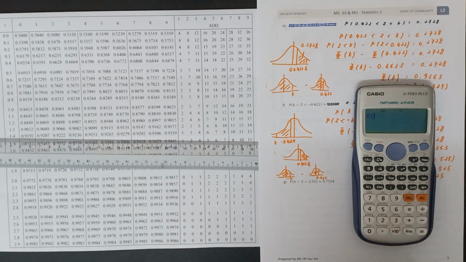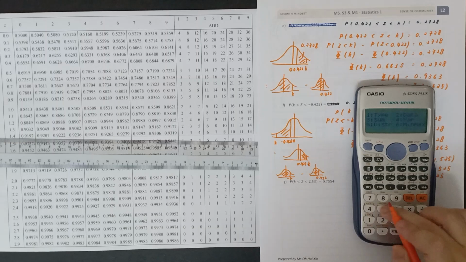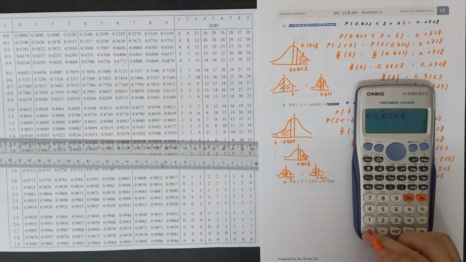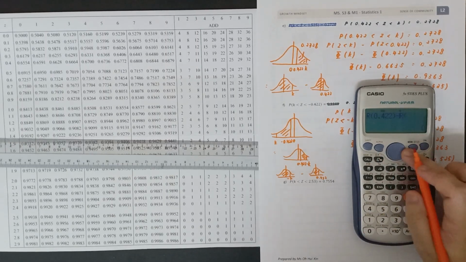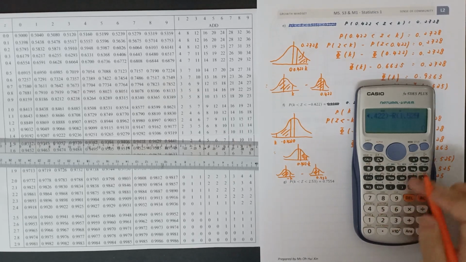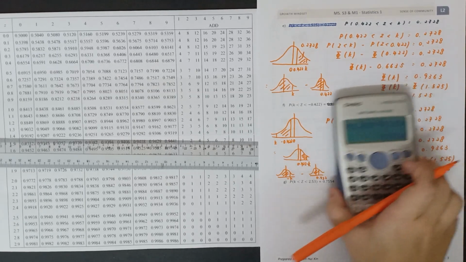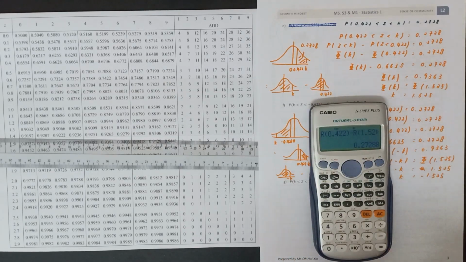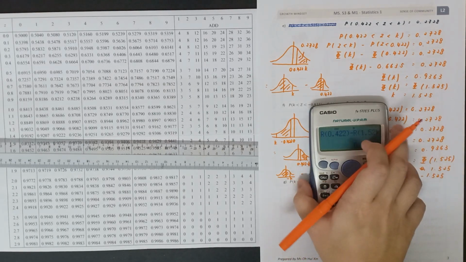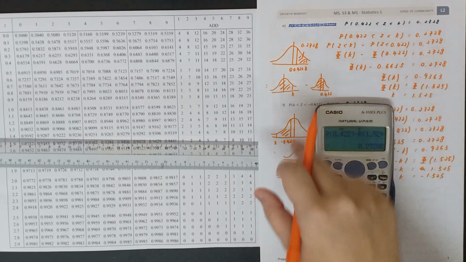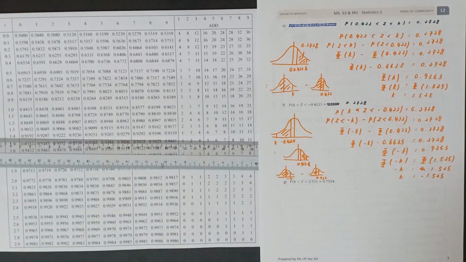So I'm going to use 0.422 and then subtract 1.525. Okay, you see I get exactly the same thing, so I know that is correct. It's the same thing for F also, you can check it with your calculator by using your last answer and checking it back. Okay, alright, so G, probability for Z between K and 2.53.